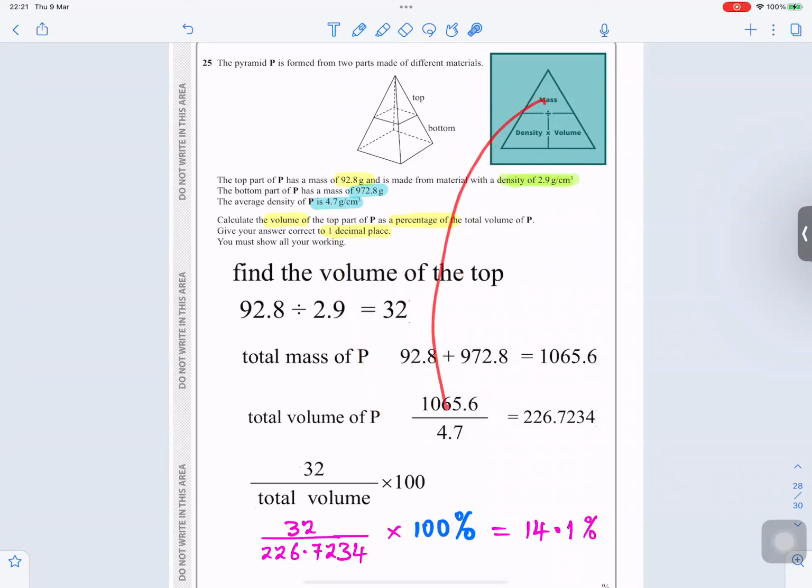So the mass divided by the density, and that's the density there, it gives us that volume. And we want to express it. So we have 32 divided by, that's the 32 there, the volume of the top part, divided by the total volume, 226.7, times 100 to change it to a percentage. That gives us 14.1%.